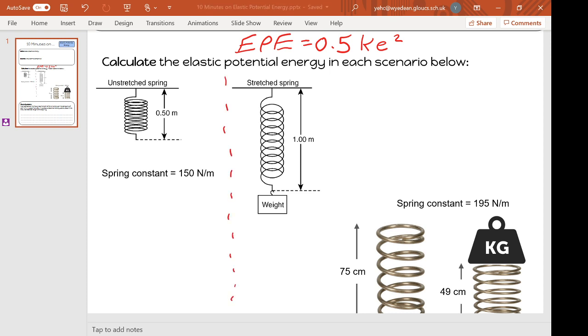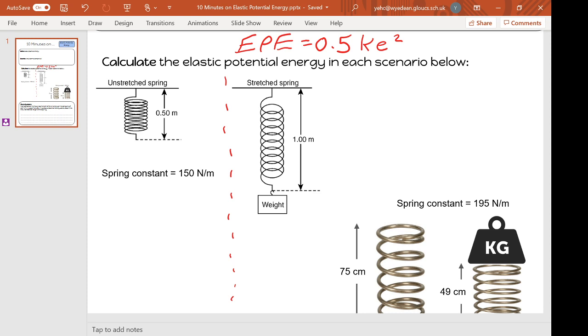When it comes to these calculations, you're still using the FIFO method. The FIFO method applies to pretty much all calculations using a formula in physics. The only difference is you might have to work out an additional value.